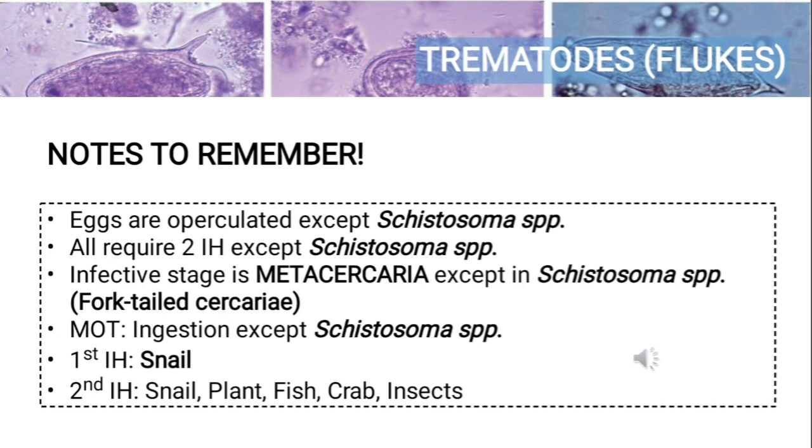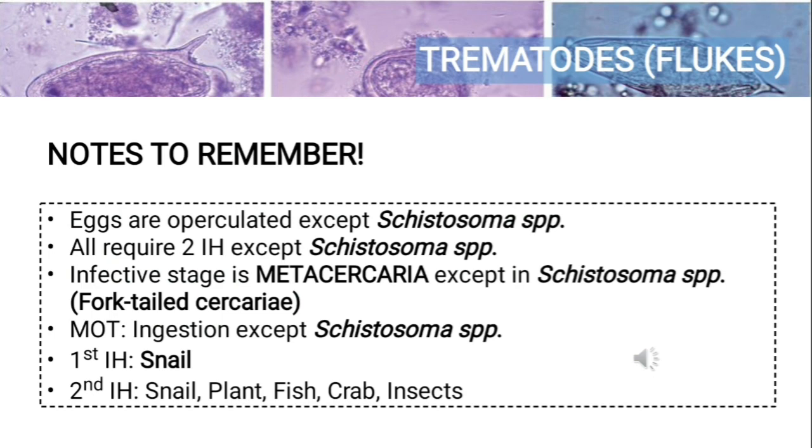Okay, before we formally start with our discussion, I want you to remember some of these. The eggs of our trematodes are operculated except for Schistosoma species. All trematodes require a secondary intermediate host except for Schistosoma species. The infective stage is metacercaria except in Schistosoma species, which is the fork-tailed cercariae.